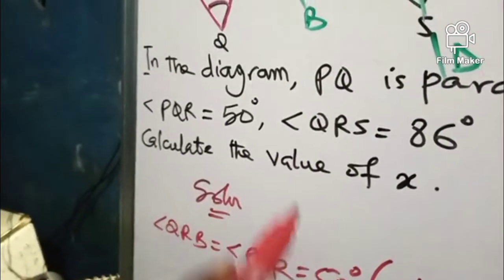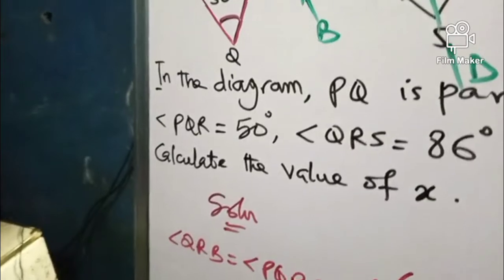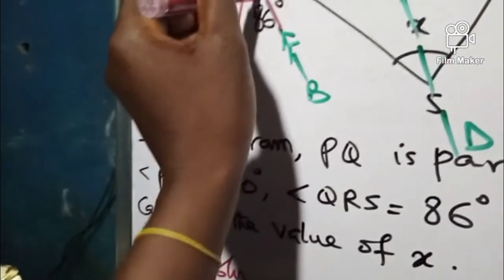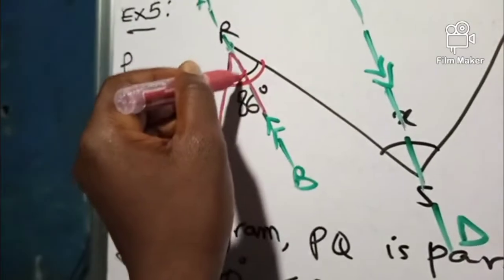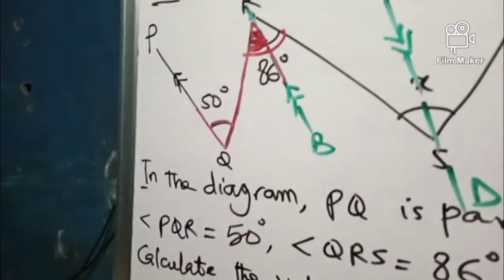Now, the total angle here is 86. If the total is 86 and the small one here is 50, this shaded one is 50.